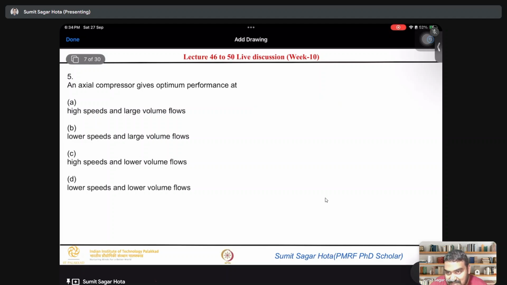An axial compressor gives optimum performance at a dash. An axial compressor gives optimum performance at high speed and large volume flows.